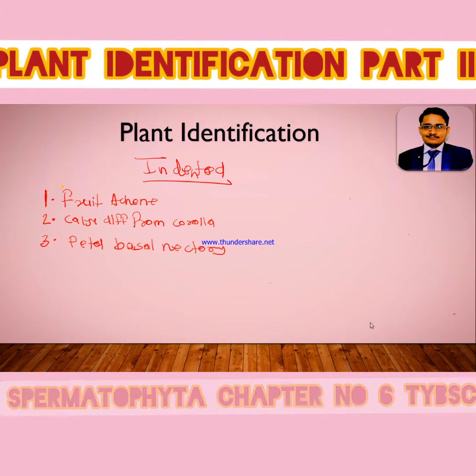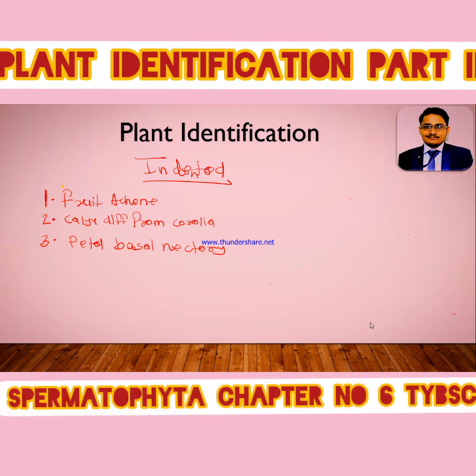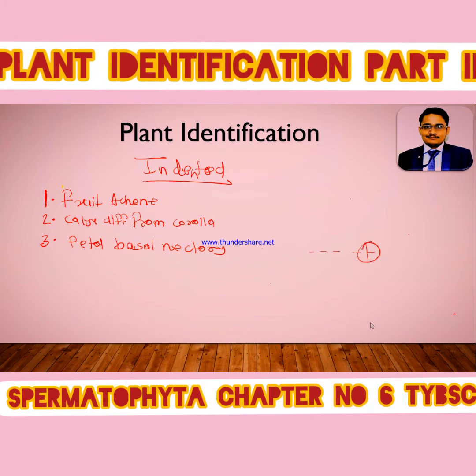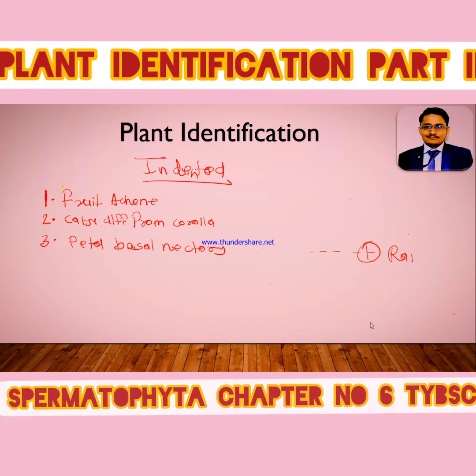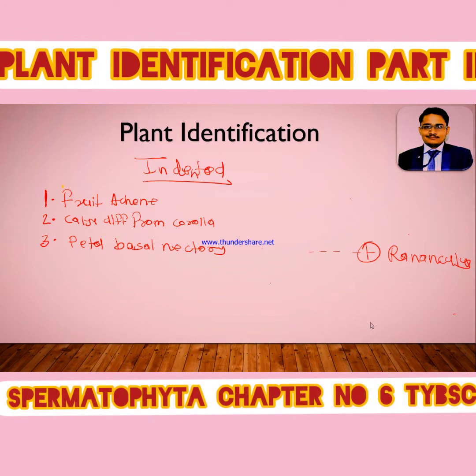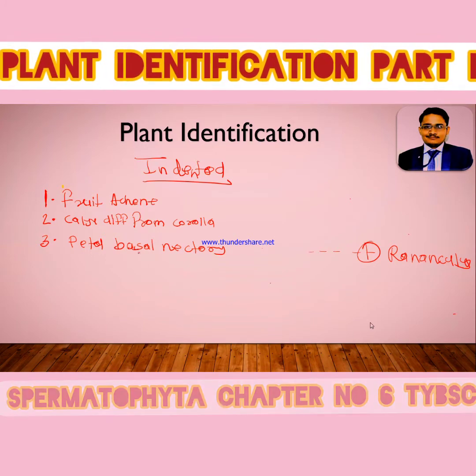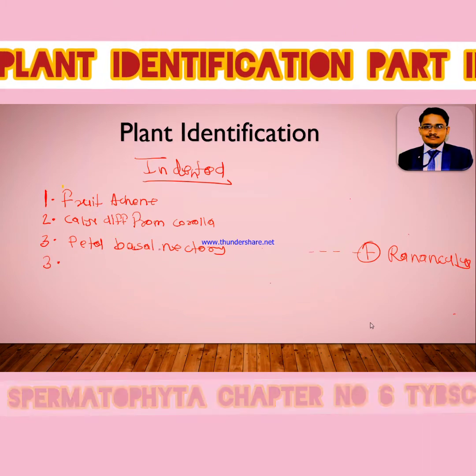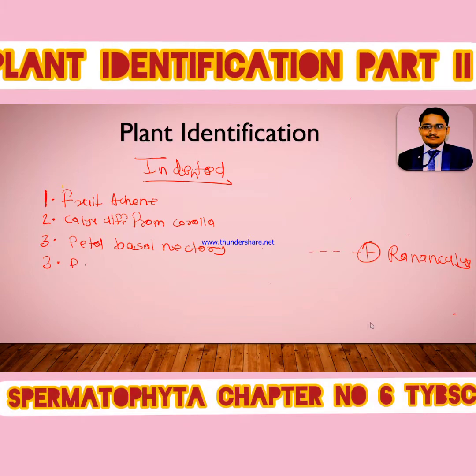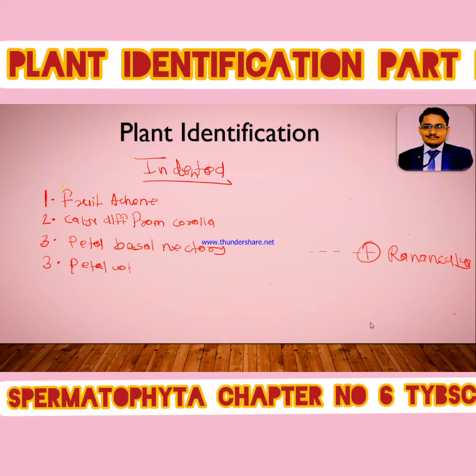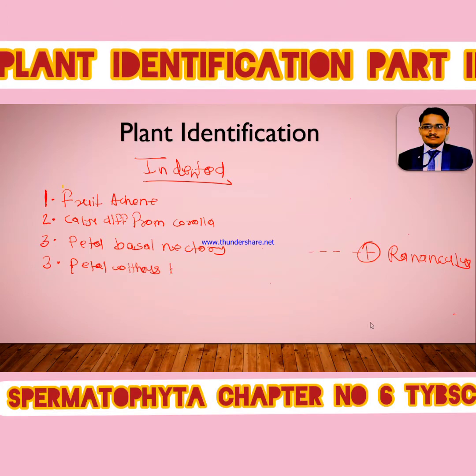Here one species is identified, which is known as Ranunculus. First species identified. If petals are without nectary, that means character number 3 is not present, then go to the next character: petals without basal nectary.